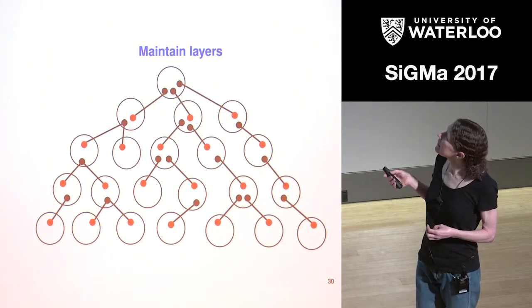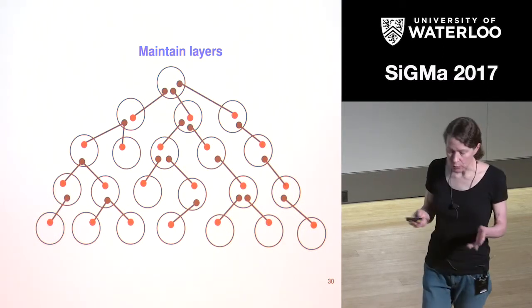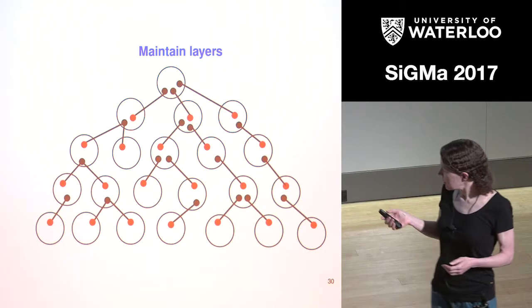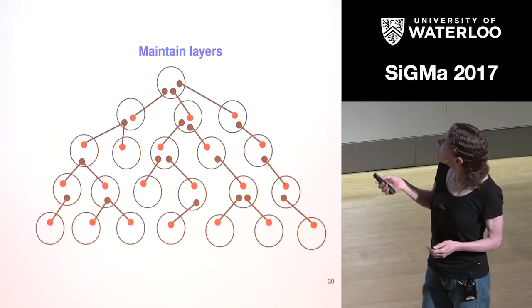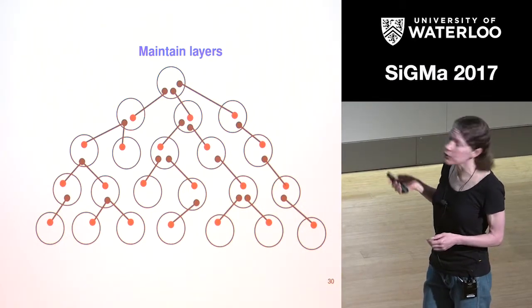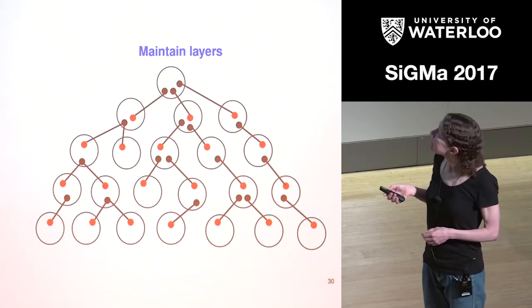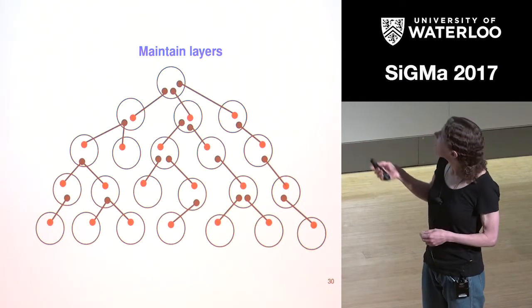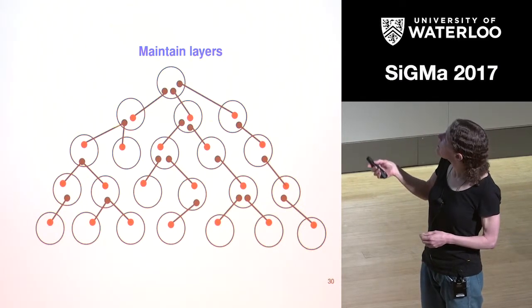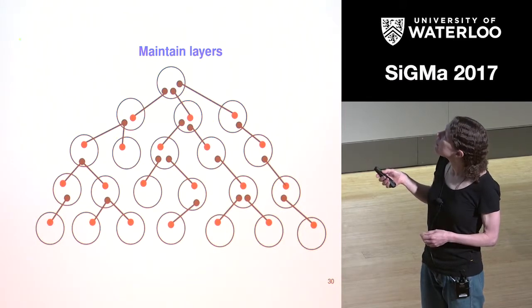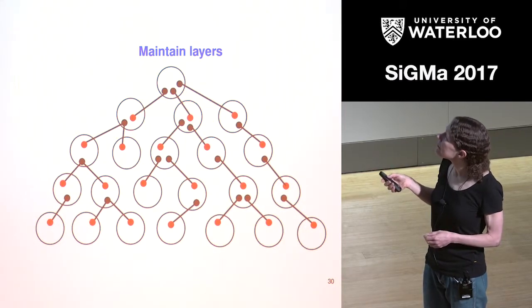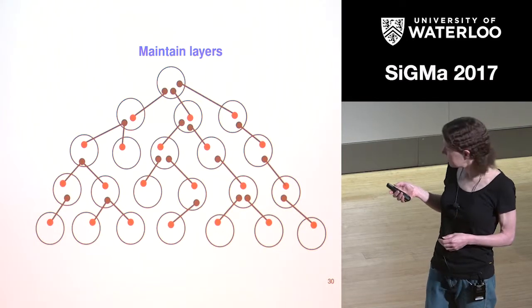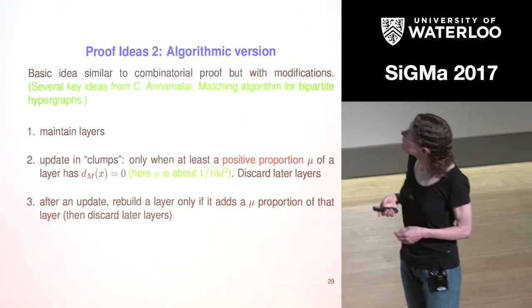So that's the idea of maintaining layers. For one thing, it's more orderly. You have these layers of new vertex classes in the construction. But also this will help us find out that the actual depth of this tree is going to be short. So that's the idea of layers.